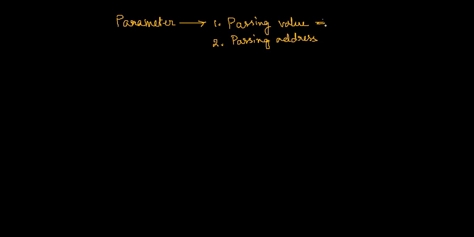This part we call by value, calling the function by value. This part we call by reference. This reference means nothing but address. So now let's see what benefit I can get if we use this address instead of passing value.